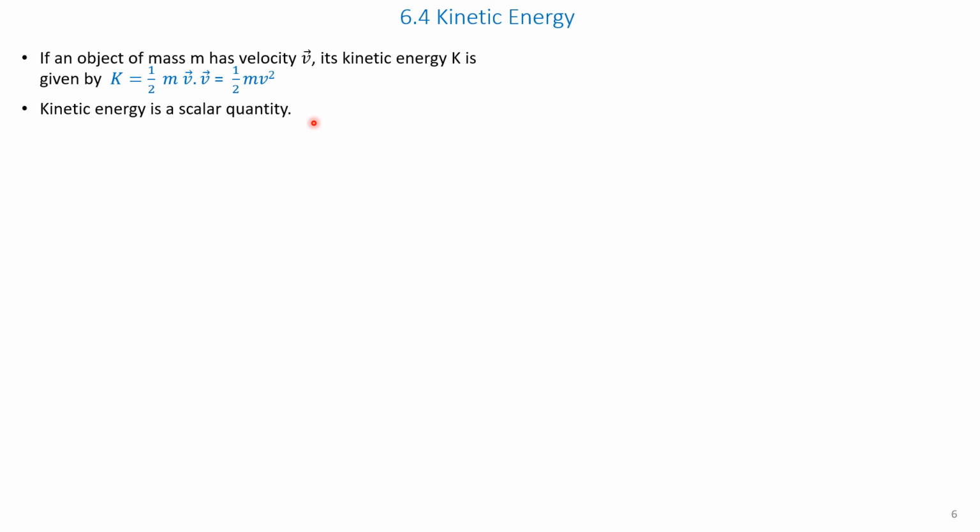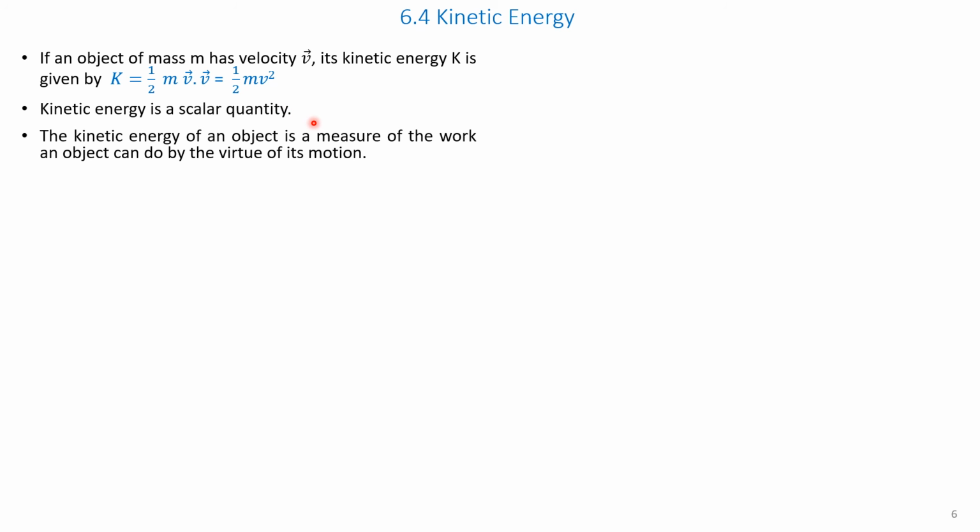Kinetic energy is a scalar quantity. The kinetic energy of an object is a measure of the work an object can do by virtue of its motion. That is, the kinetic energy is a measure of work due to motion of an object.